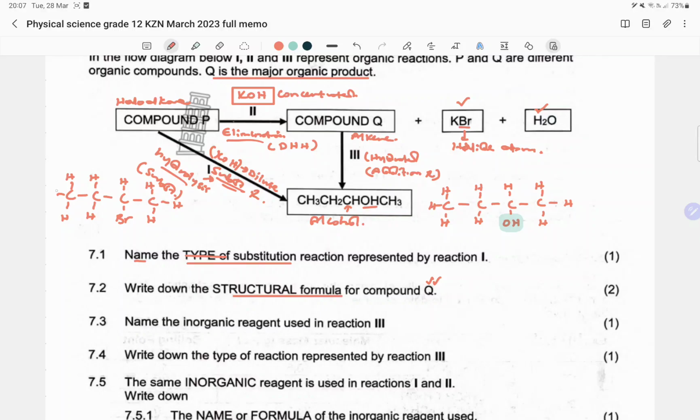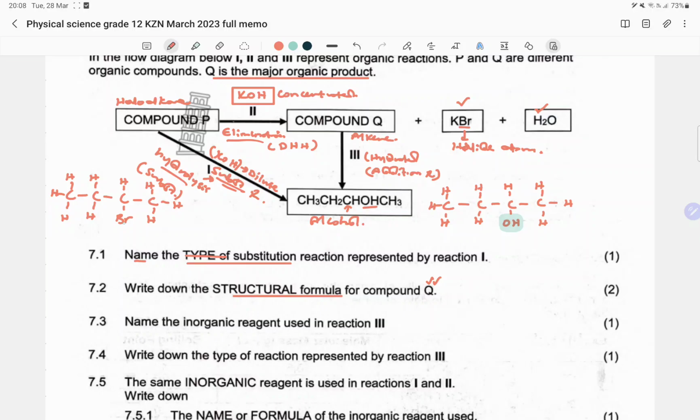I'm trying to figure out if I'm not making an error here. But this OH substituted the halogen, definitely. I'm confident of that. So this is not like an addition reaction or anything. We simply substituted something, just one. We don't substitute two. So we substituted this one because this was already saturated. The halogen was there.